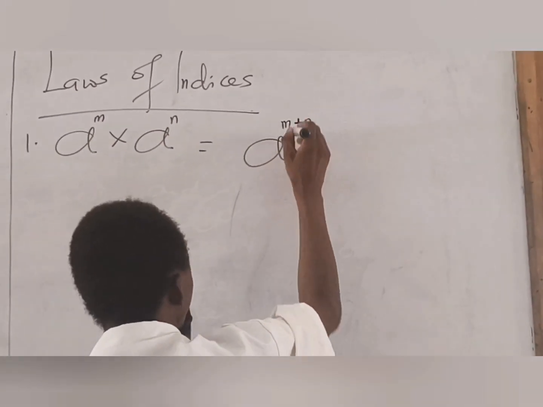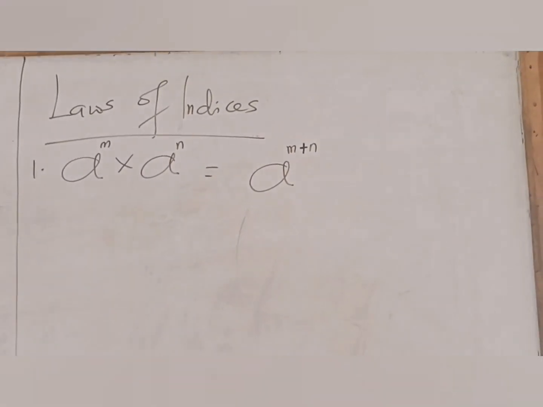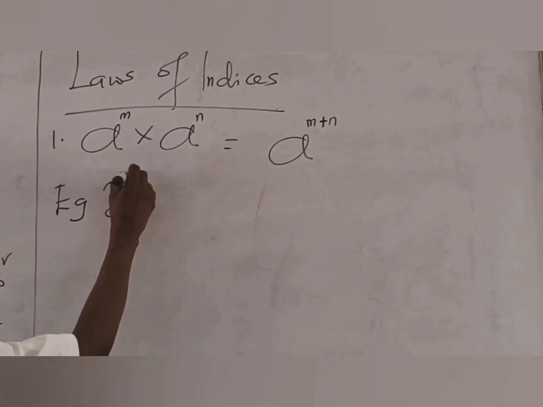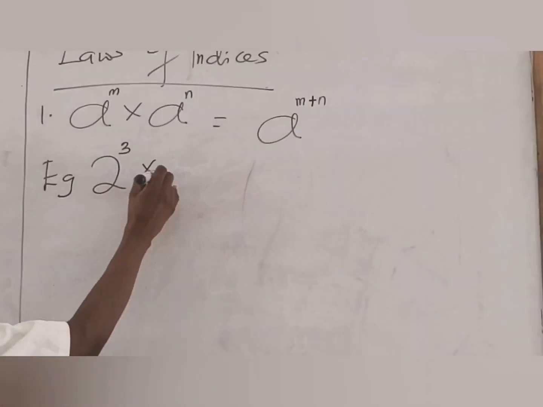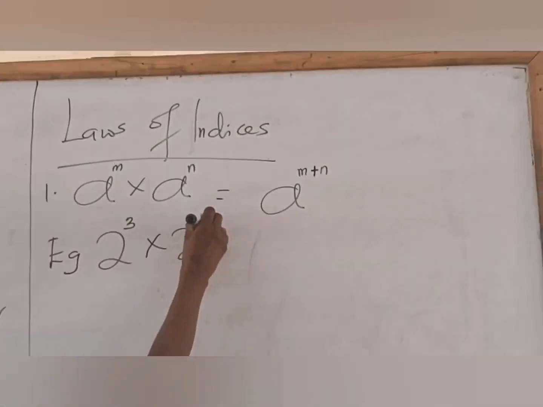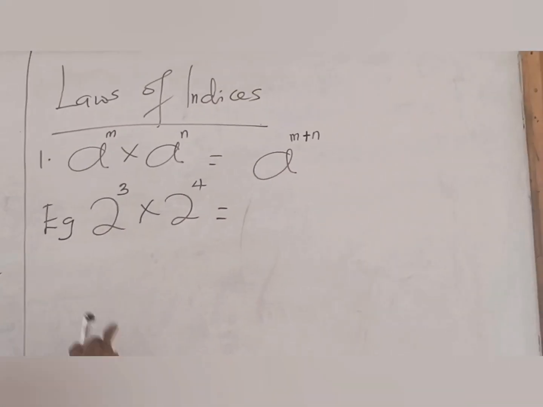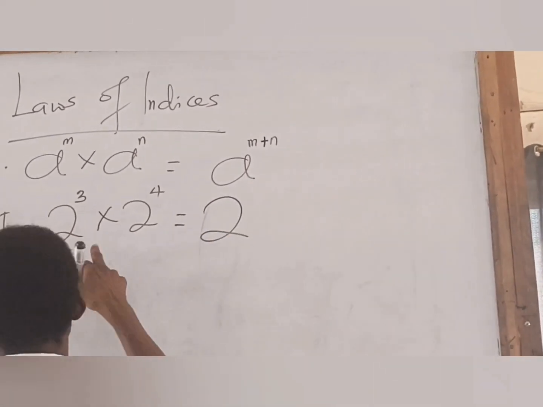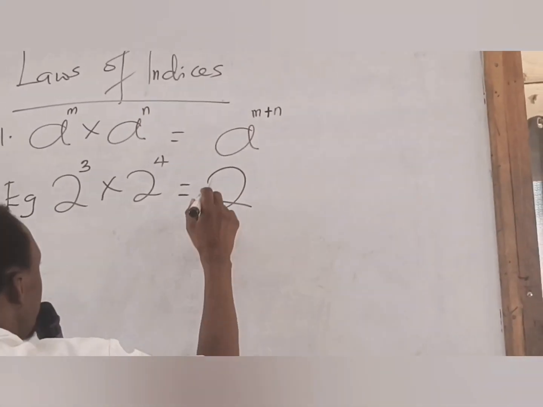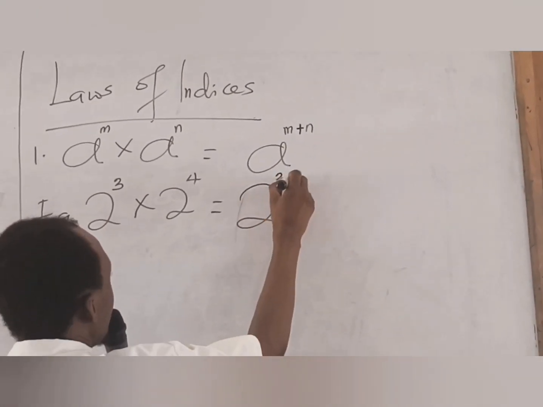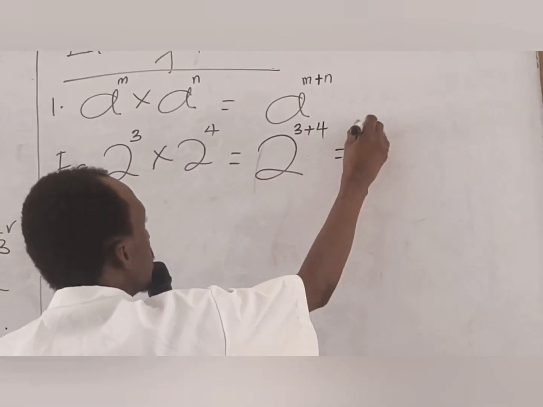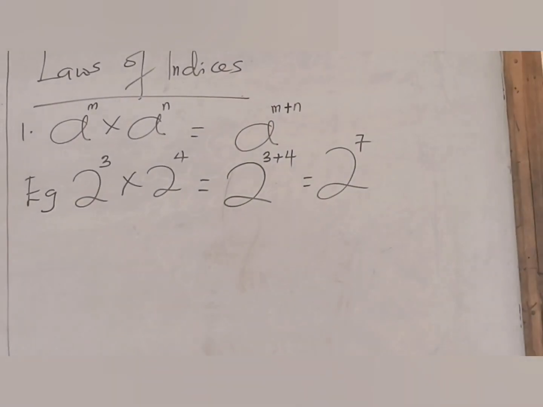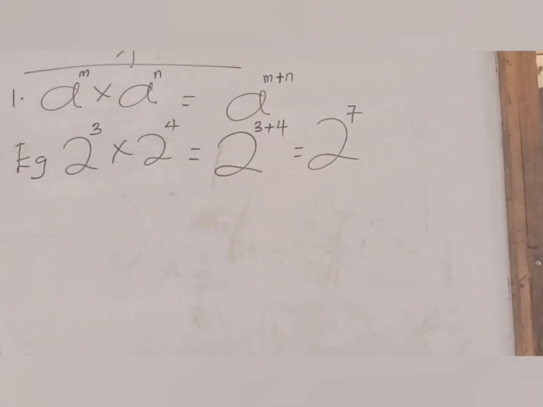An example is 2 to the power 3 times 2 to the power 4. The bases are the same, so 2 to the power 3 plus 4, which is 2 to the power 7.